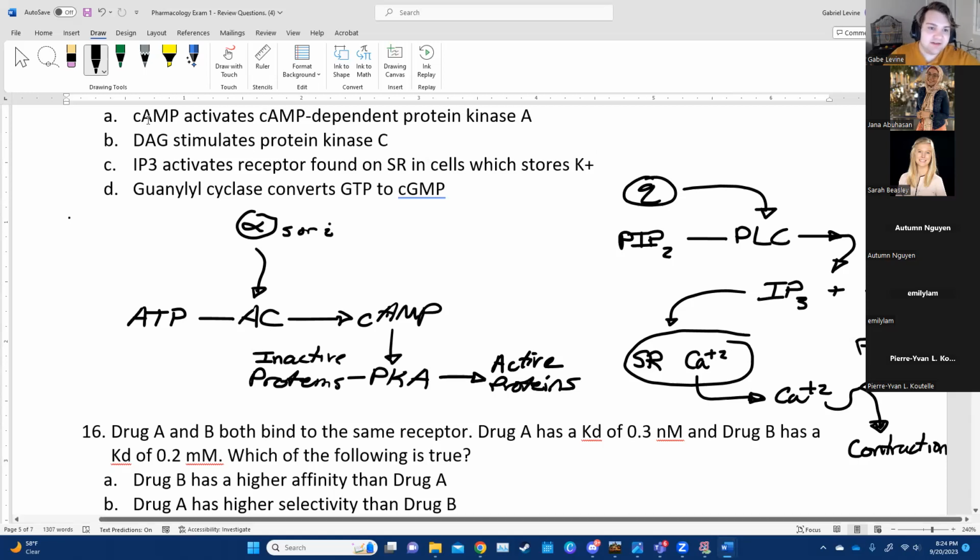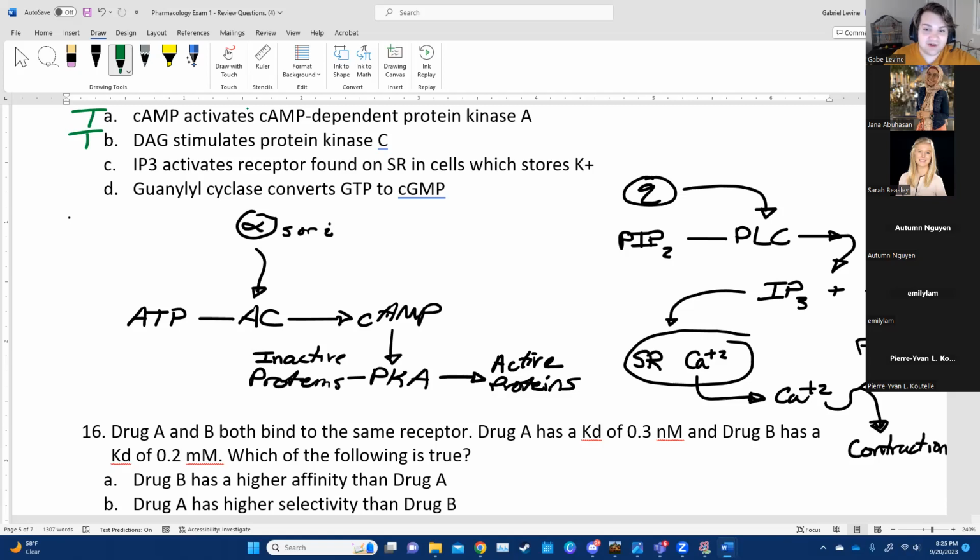So, does cAMP activate cAMP-dependent protein kinase A? Yes, cAMP does activate protein kinase A. Does DAG stimulate protein kinase C? Yes, DAG's role is to stimulate protein kinase C. Does IP3 activate a receptor found on the sarcoplasmic reticulum? Yes, it does.